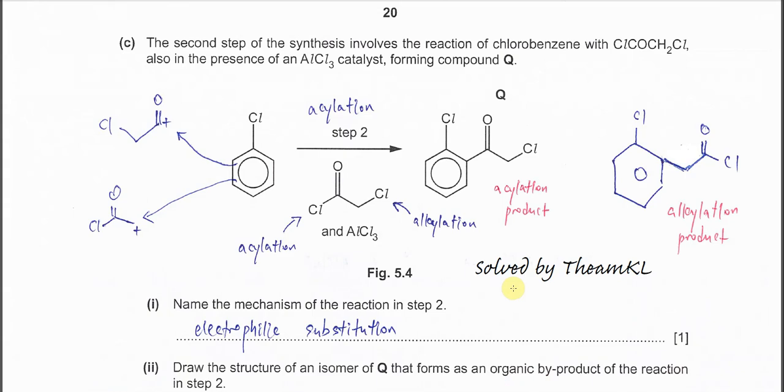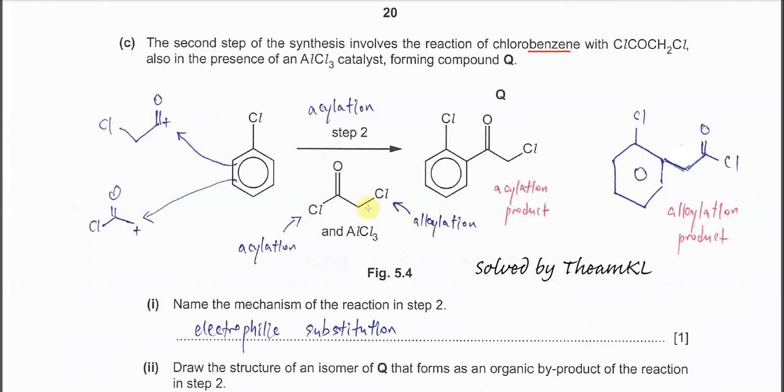Okay, part C. This part is quite complicated because it has a few possibilities. For this one, the synthesis involves the reaction of chlorobenzene with this compound. This compound you have to understand, it means ClCO-CH2Cl.